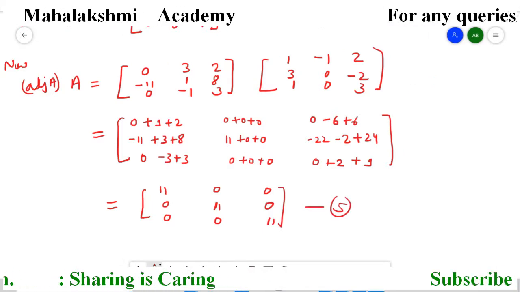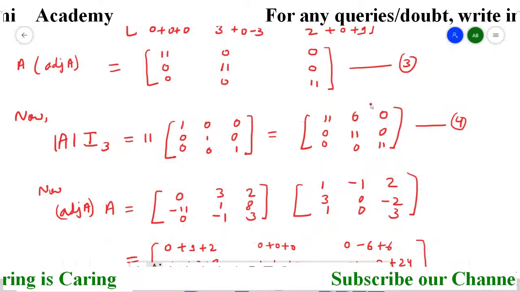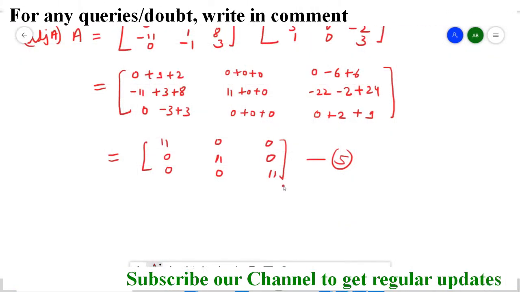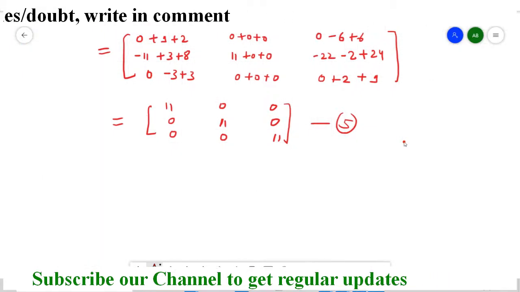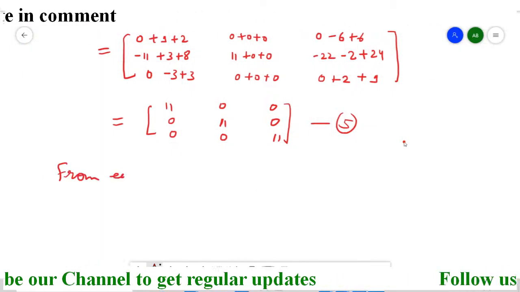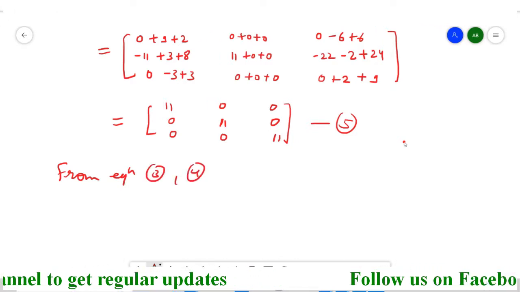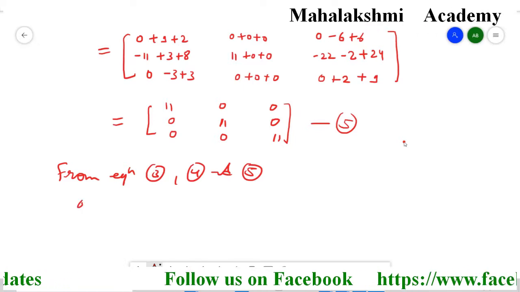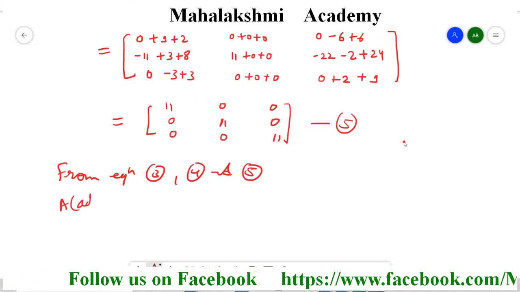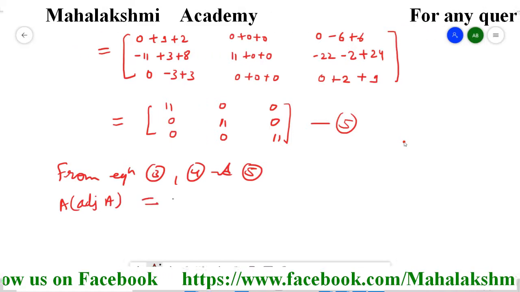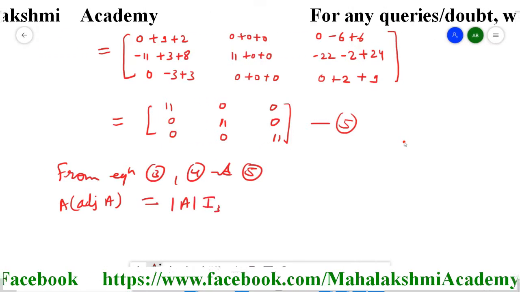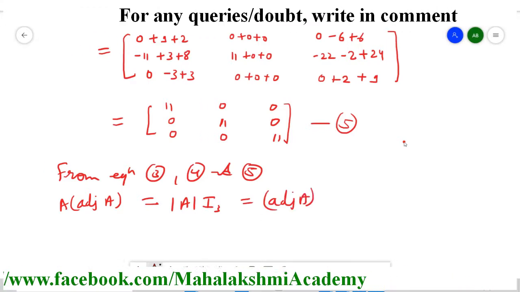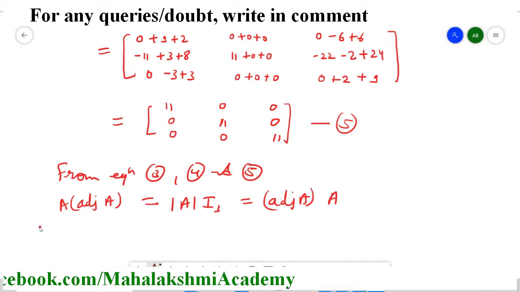So you can see that everywhere we are getting the same answer. In the third, fourth and fifth equations the product matrix is the same. So from equations 3, 4 and 5, what we obtained is: first, matrix A multiplied by the adjoint of A, we obtained as the determinant of A multiplied by the 3 by 3 identity matrix. Then the adjoint of A multiplied by A. All three are equivalent.